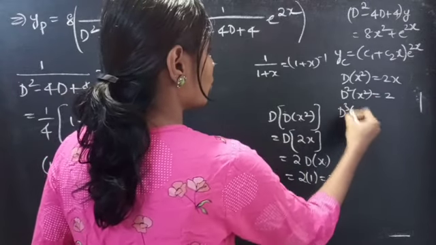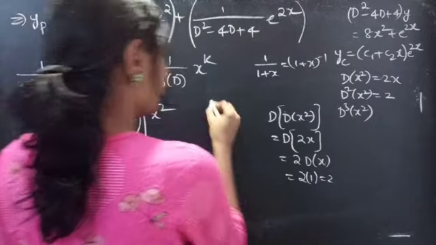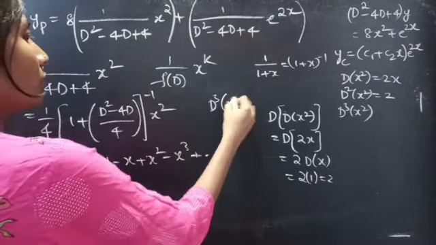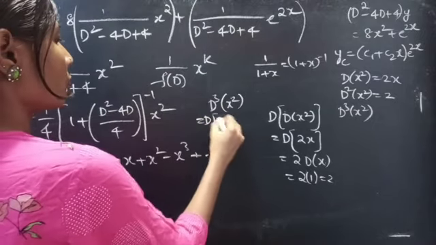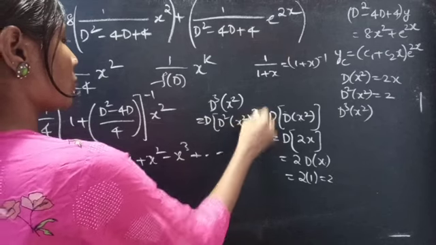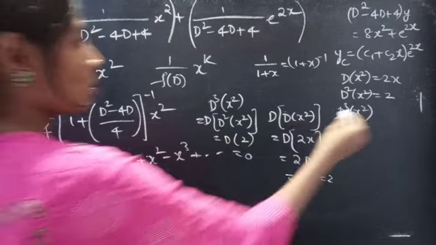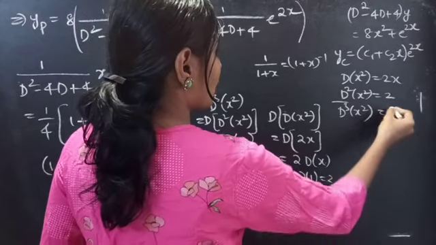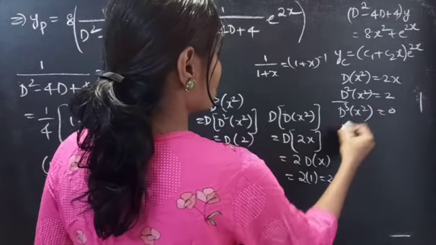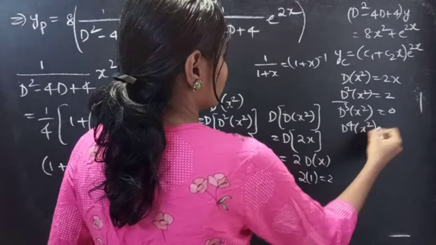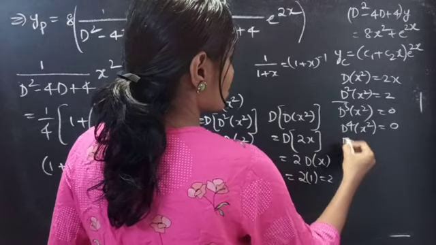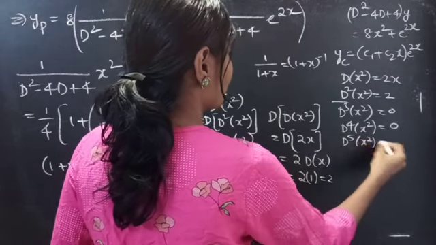Again, find d cube of x square, which is the derivative of d square of x square. Since d square of x square is a constant, the derivative of a constant is 0. So from here we'll get all derivatives 0. All derivatives of x square are 0.